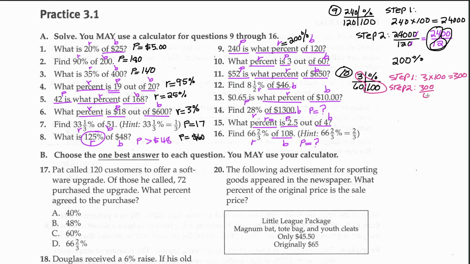Cancel the 0, cancel the 0. So we have 30 over 6, which means 30 divided by 6 is 5. So that's 5%. Put R equals 5%.